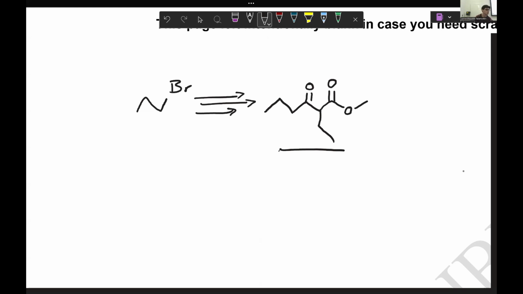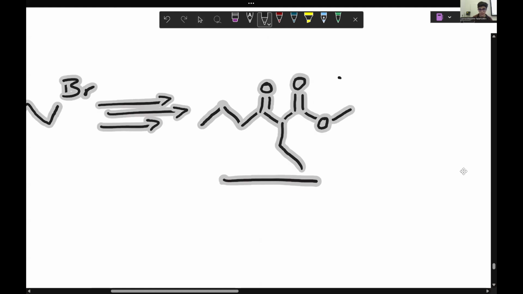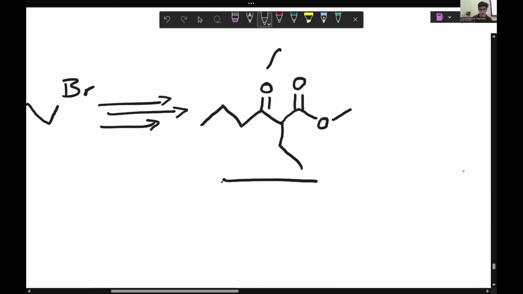I think with the aldol and the Claisen reactions, those can sometimes be difficult to spot. But the big hint is what I like to look at: when you have this beta dicarbonyl, that's a big sign that maybe Claisen was involved. Also, whenever you have this ester group over here, probably Claisen.